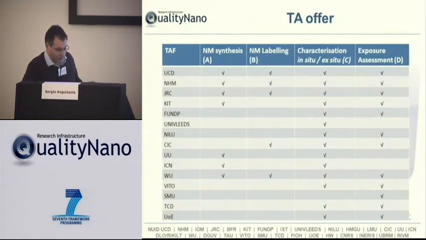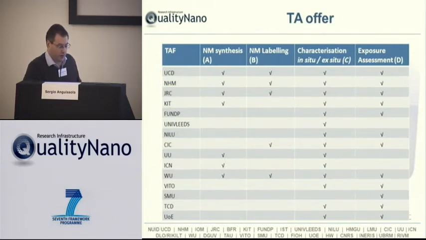And these are the categories of access that we offer. We offer, for example, nanomaterial synthesis. We can synthesize the nanomaterials that you are interested in for you. And we offer labeling services as well. So nanomaterials that are synthesized can also be labeled in different ways, fluorescently labeled.